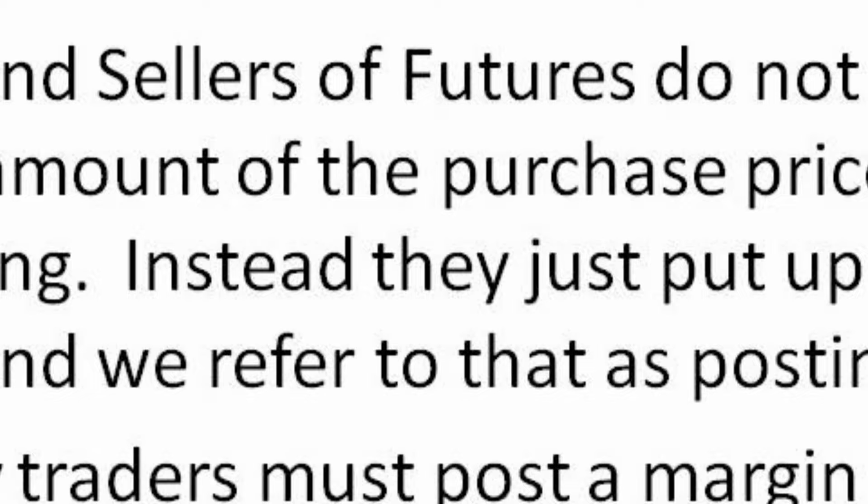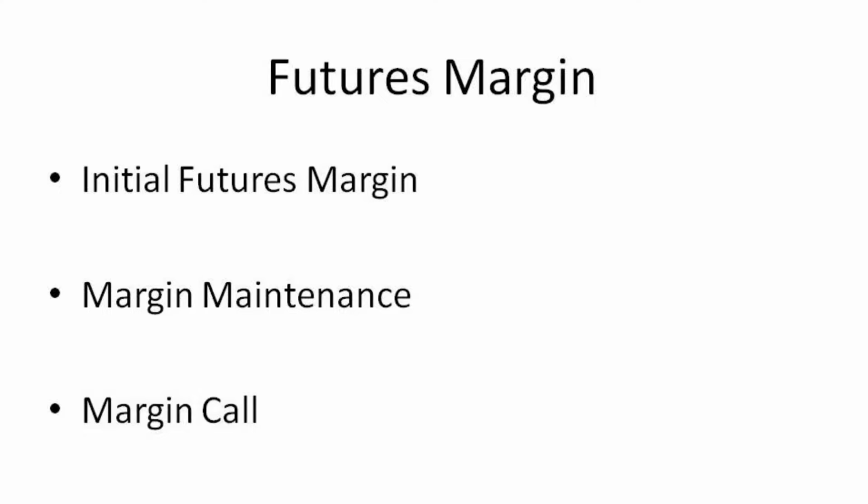We don't have to put up that 10,000. You just put up enough money that makes a contract safe. So usually traders have to post an amount of margin between 5 and 15% of the contract's value. Now, that is put up to begin with. That's what we call an initial futures margin.